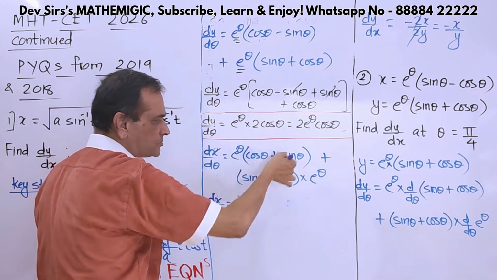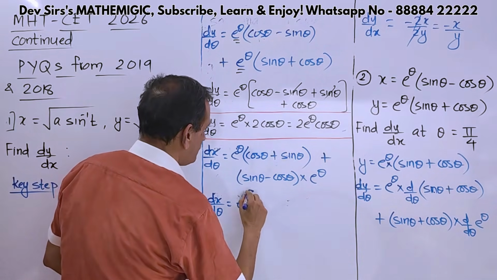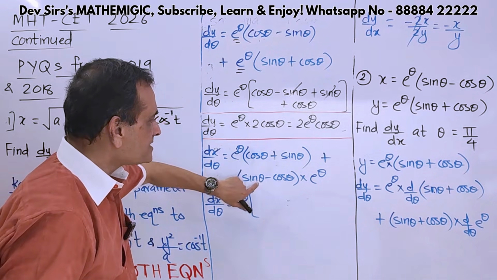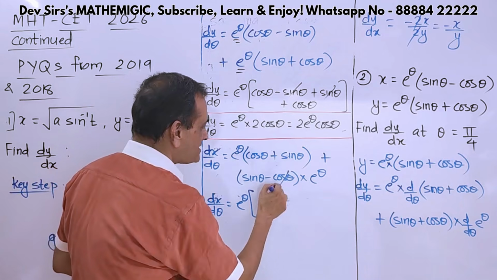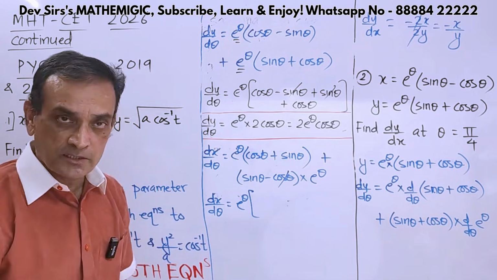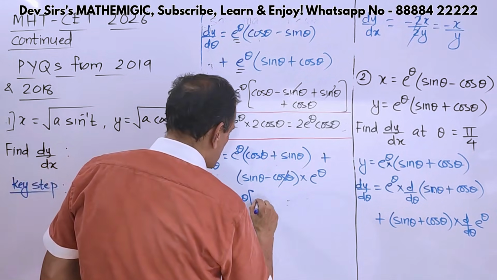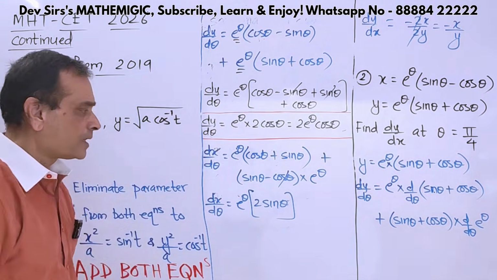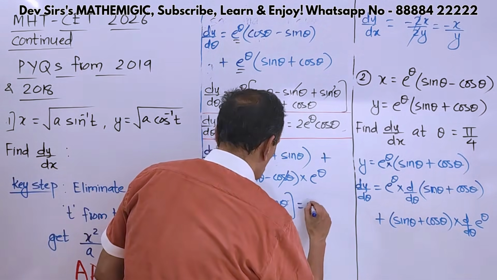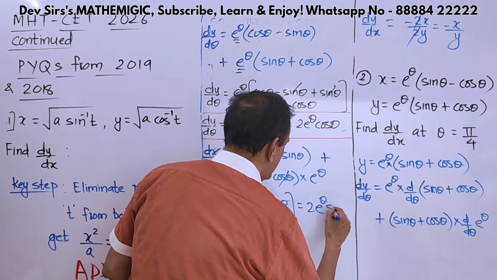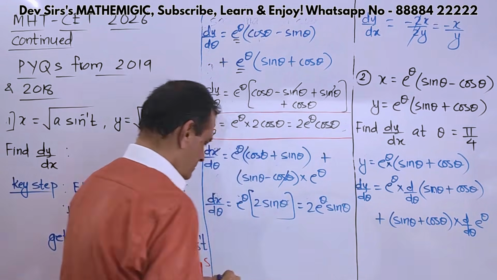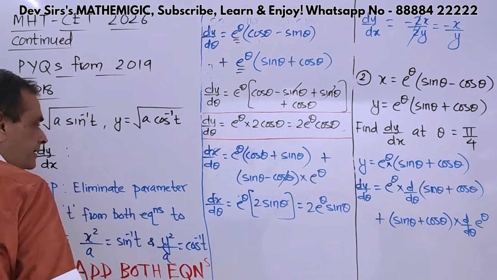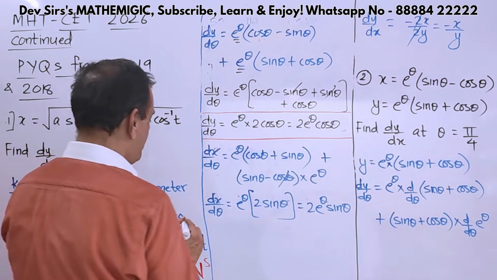I am adding these two terms. Now do this orally. Cos theta plus sin theta minus cos theta cancel. Like this, this will speed some things up directly. 2 sin theta. So 2 e raised to theta sin theta.